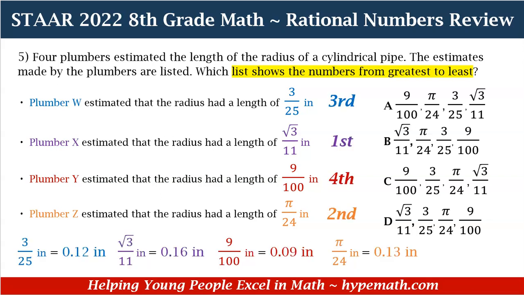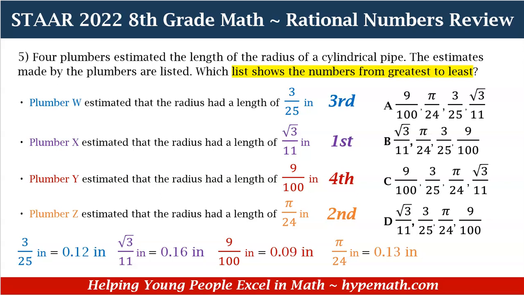So when we look at all of the numbers, we need to determine what place every number is. And our numbers will be listed from greatest to least. So again, we're going to look for the largest number and then go all the way down to the smallest number in descending order, okay?